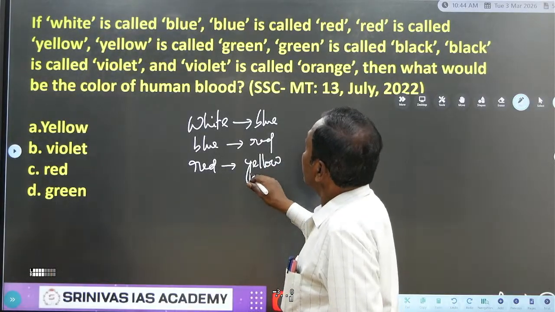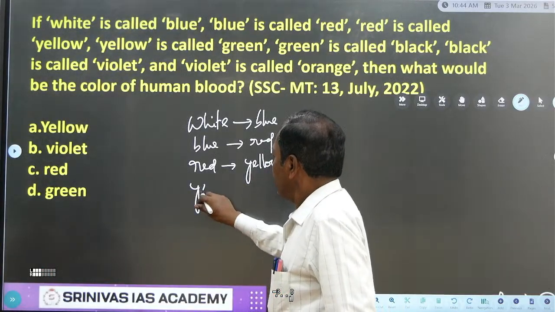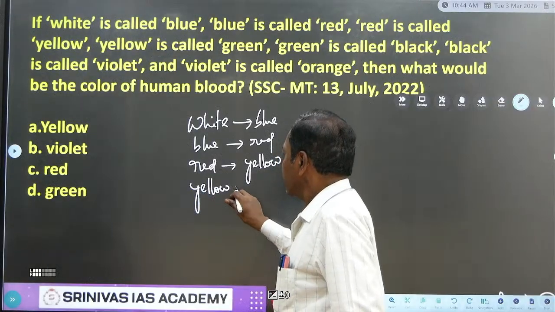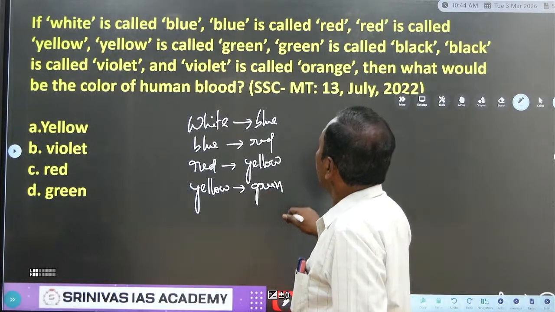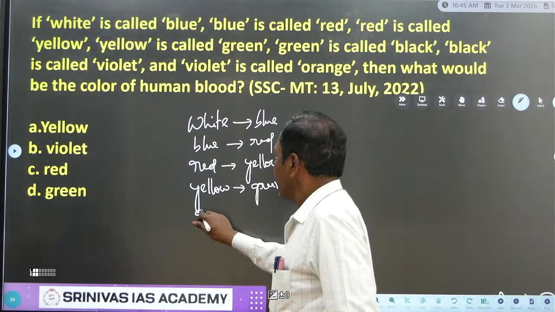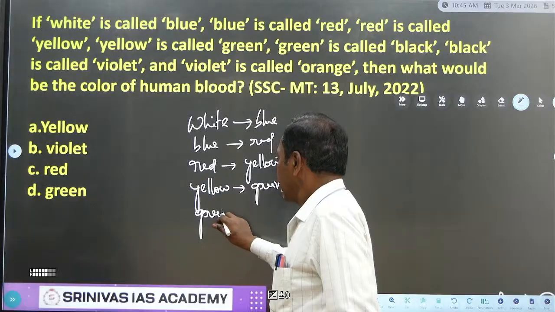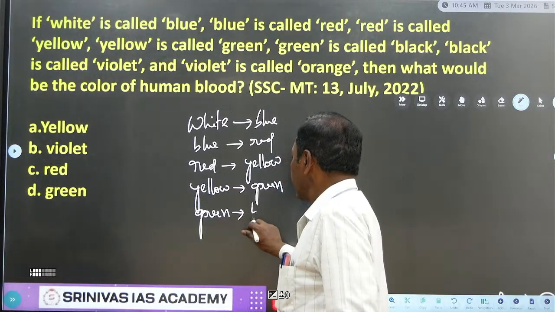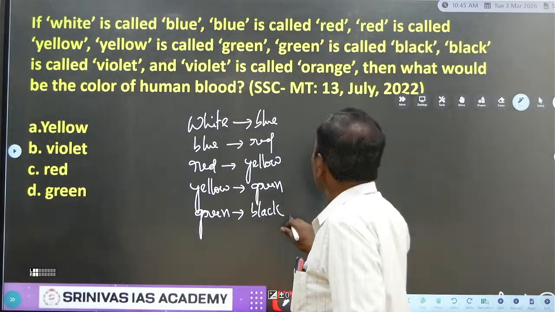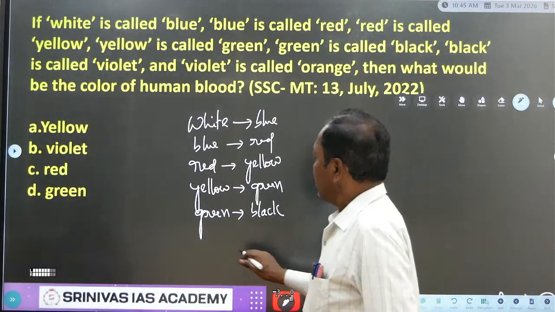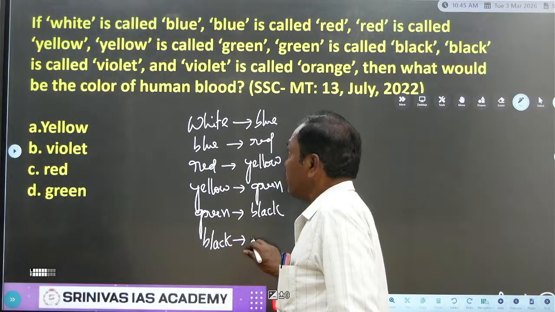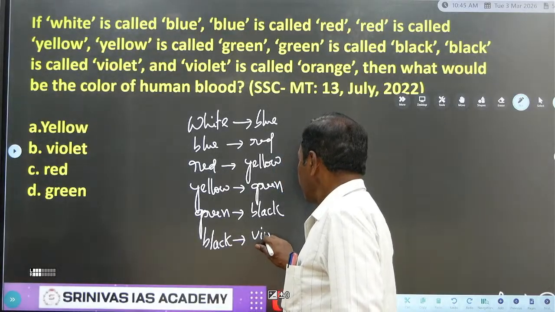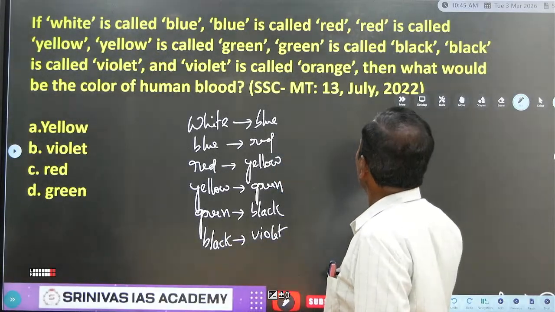Yellow is called green. Green is called black.